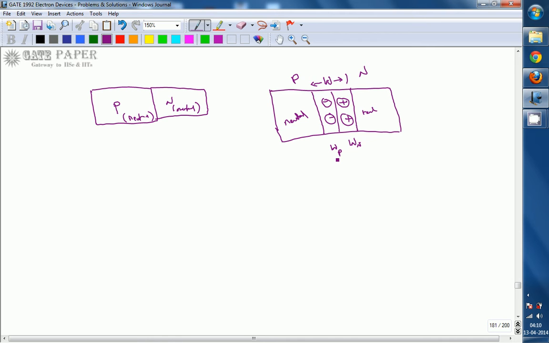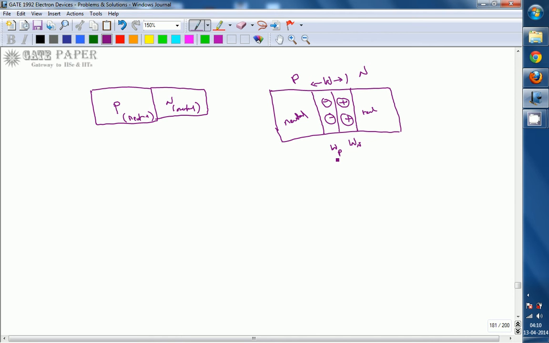If you observe, p and n type semiconductors are neutral, but whenever they are joined together to get a p-n junction, some phenomena take place under equilibrium condition. Even though you are not applying any voltage, a depletion layer is formed, in which positive ions are created near the junction on the n side and negative ions near the junction on the p side.